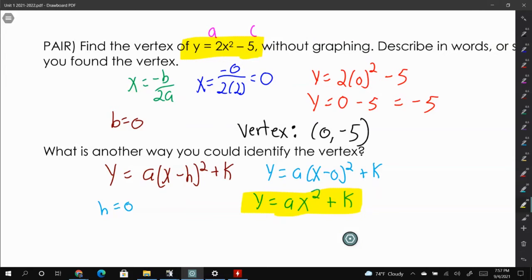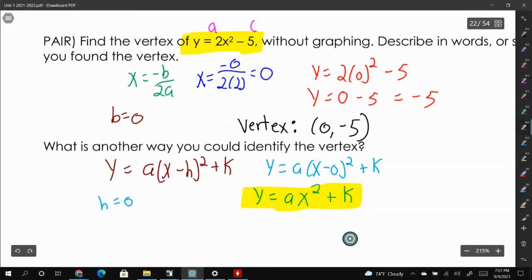Our c value is negative 5. So you could have said, well, this is also vertex form, where the x-coordinate was 0 and the y-coordinate was negative 5. So this example is one where you could say it's written in standard form and vertex form, and depending on which one you see is what you could use.